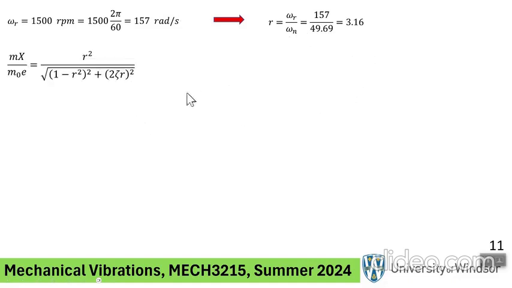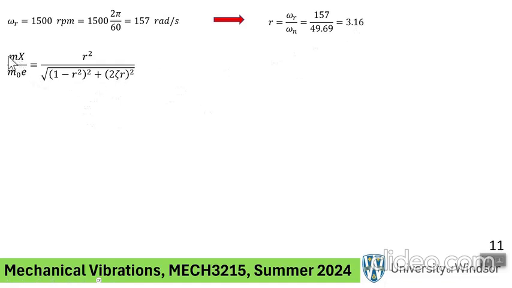The rotor turns at 1500 RPM, converted to radians per second. Your R is equal to what we just got divided by 49.69, so 3.16. It's just a matter of plugging it in to the mother of all solutions for rotating unbalance. We know everything. We just calculated R. The value of zeta is given to us.